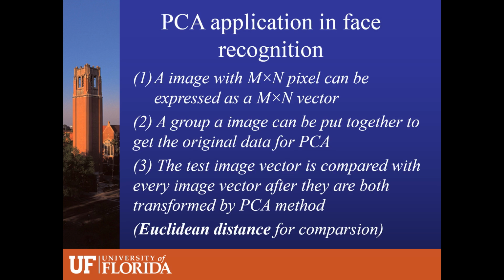If it's colorful, we transfer it to a grayscale image. An image has m multiplied by n pixels, and we can simply express every image as an m times n dimensional vector. If we choose a large group of images and put all these vectors together, we build a matrix. Then we consider this as the original data for our PCA method.